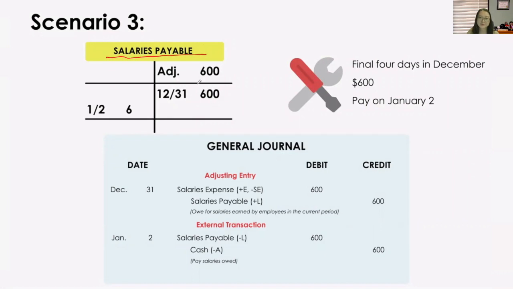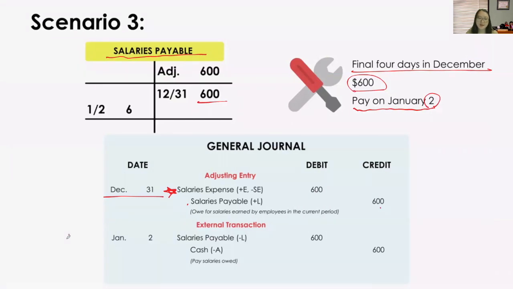For example, by December 31st, the final 4 days in December incur about $600 of salary expenses, but we are not going to pay those people until January 2nd. So on December 31st, we automatically generate a liability called salary payable for $600, and we record our salary expenses for the current period because those services were performed during the current period.